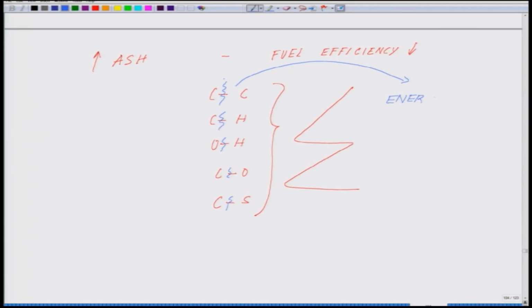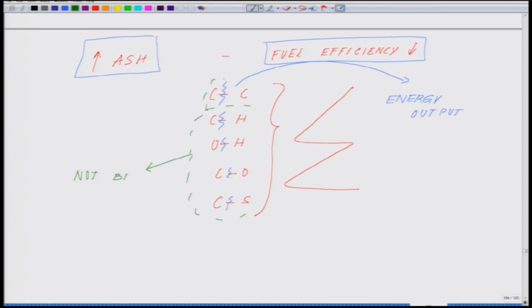Now, here is the catch. The question I posed in front of you was that if the ash content is higher, the fuel efficiency will be lower. What does that mean actually? It means there are several such bonds out here, out here, somewhere which are not broken, and the bonds which are not broken either take the form of ash or the form of residue.